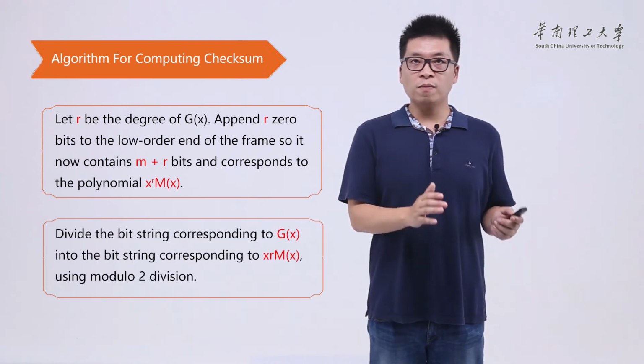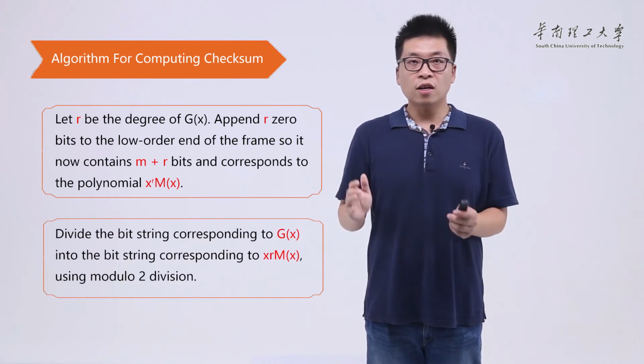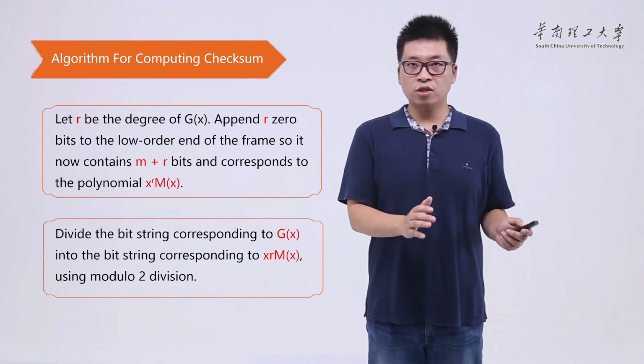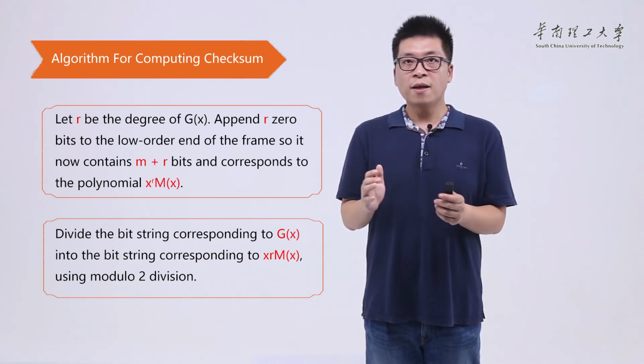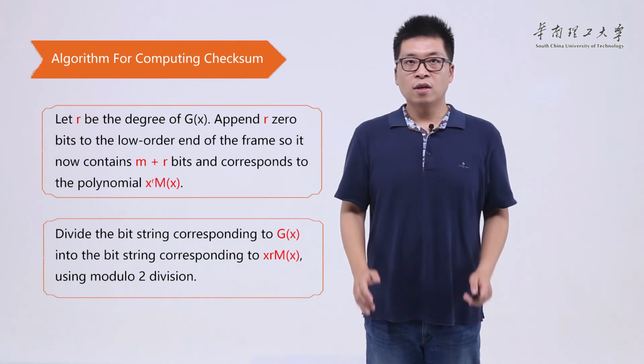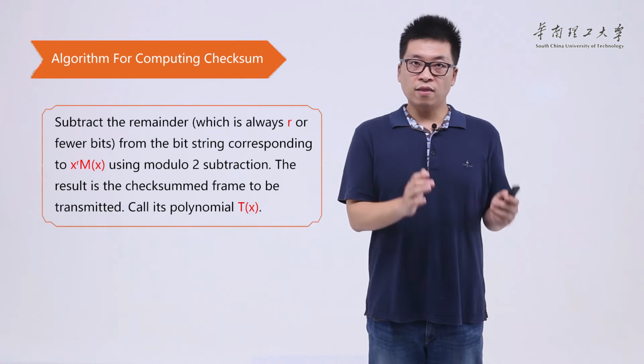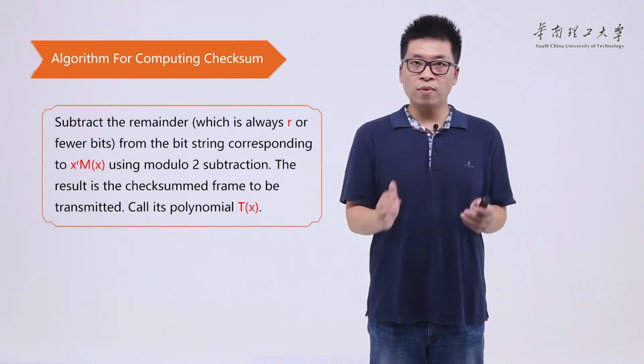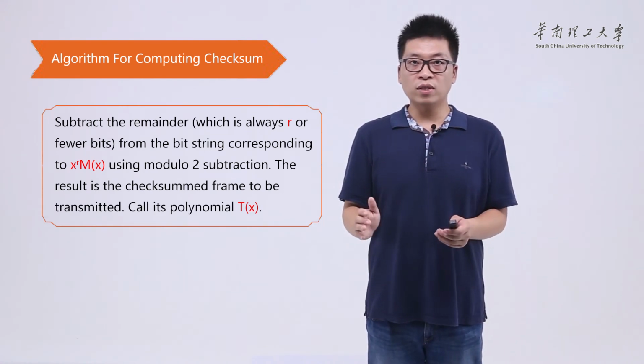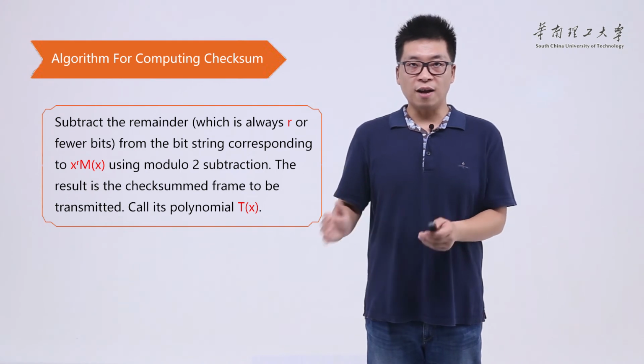Divide the bit stream corresponding to x power R times Mx by the bit stream corresponding to Gx using modulo 2 division. Then subtract the remainder, which is always R or fewer bits.